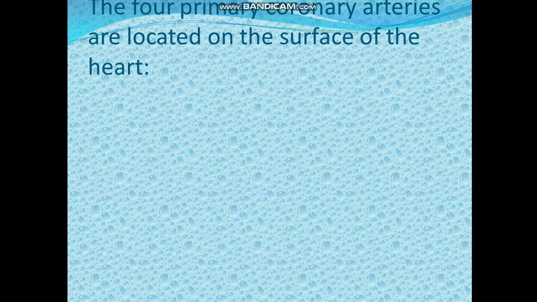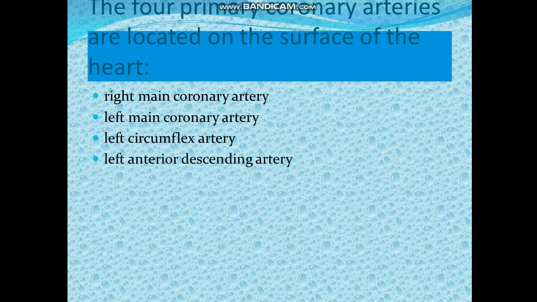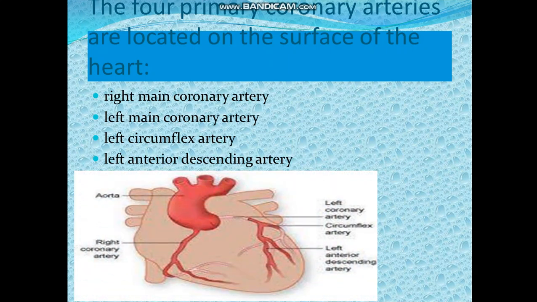The four primary coronary arteries located at the surface of the heart are the right main coronary artery, left main coronary artery, left circumflex coronary artery, and left anterior descending artery. You can see them in this figure.